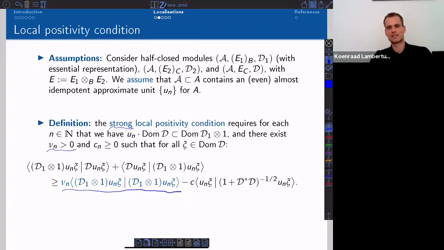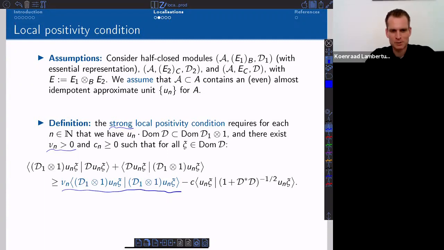We need to have a strictly positive constant here. So why do I need this strengthening? Without going into too much detail, it's there because I needed to make the proof work. Without this additional term, I have not managed to prove the version of Kucerovsky's theorem that I would like. So I've added this strengthened version of the local positivity condition to make it work.